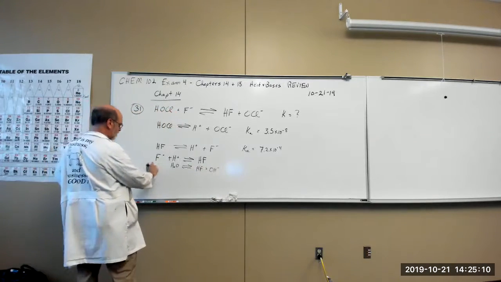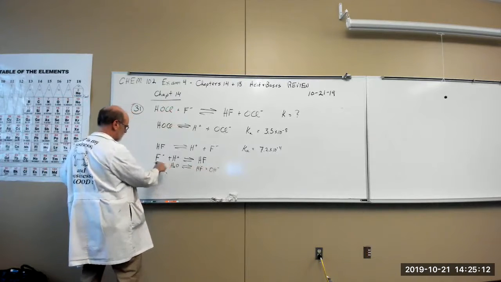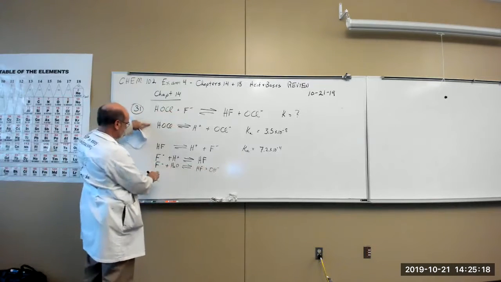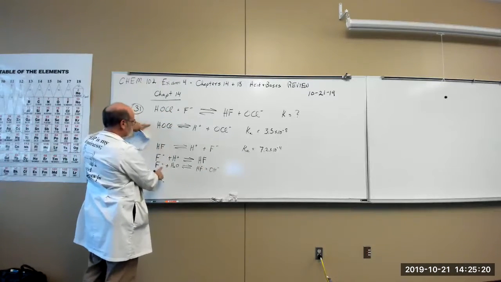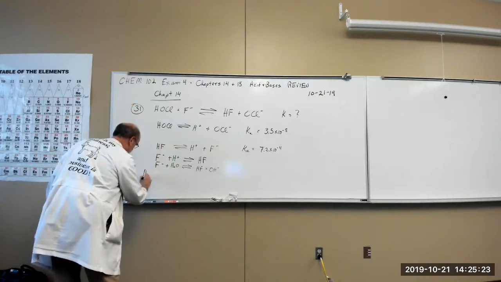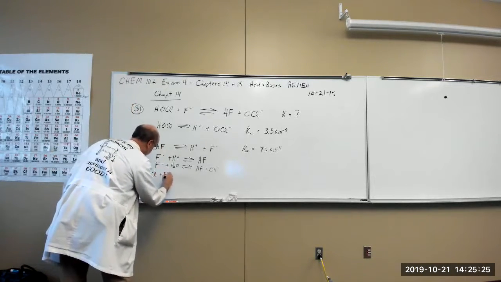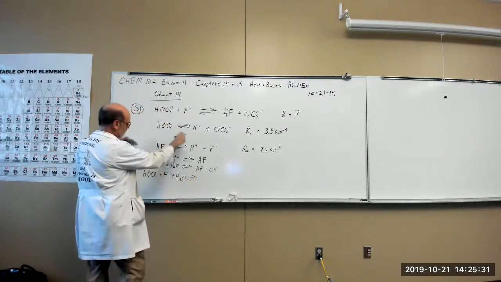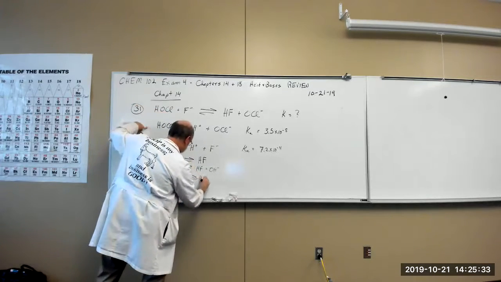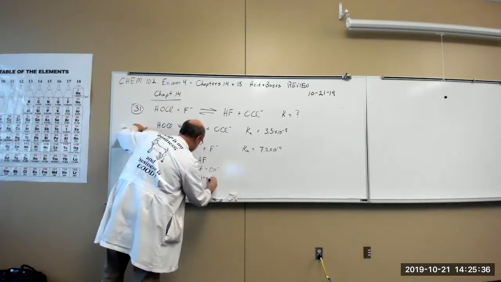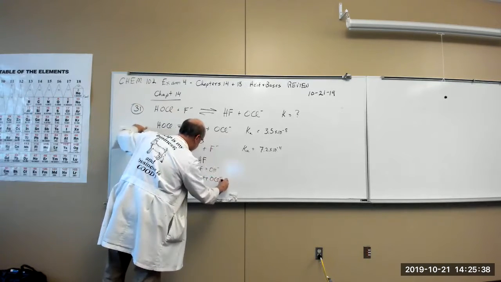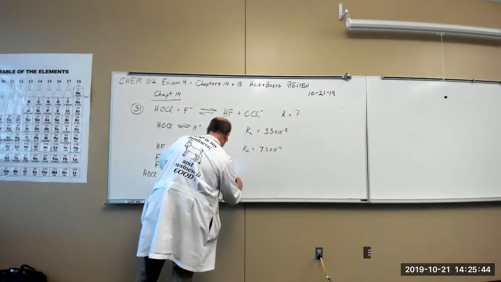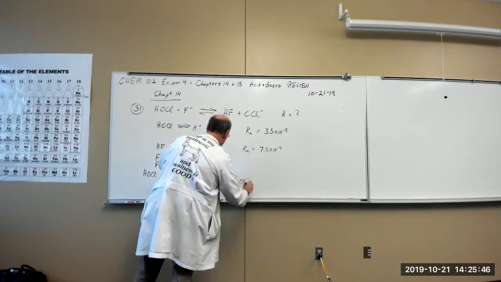So if we combine these two, what do we get if we combine that one with this one? This one with water. I'm just thinking out loud here. On this side of the equation, we get H plus, OCl minus, and then we're using this one plus HF plus OH minus.